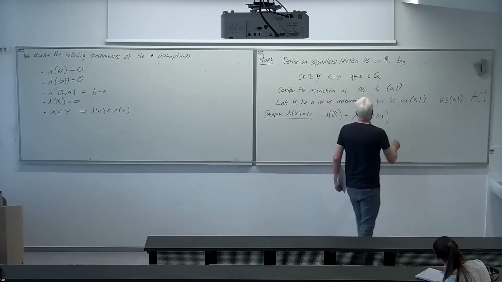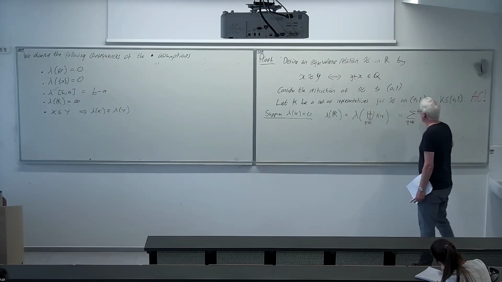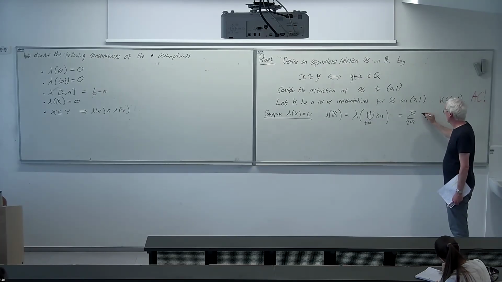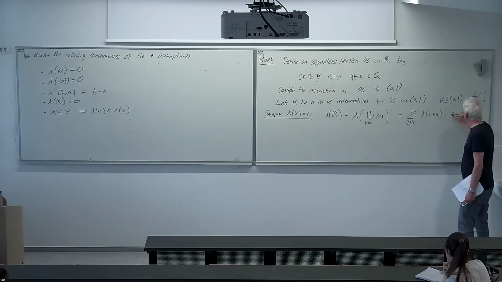And then by countable additivity, this is the sum over the rational numbers of the length of K plus Q. So this is countable additivity.